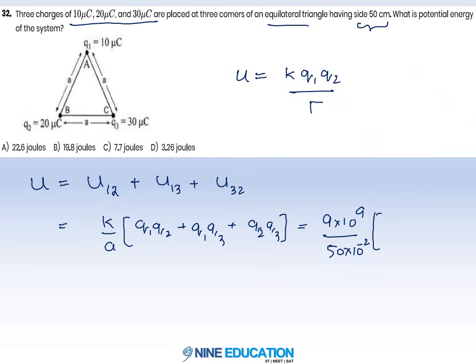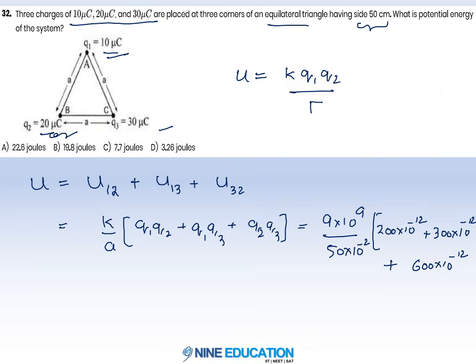Now q1 and q2 give 200 into 10 power minus 12, because the charge is given in microcoulomb. q1 and q3 give 300 into 10 power minus 12, plus q2 and q3 give 600 into 10 power minus 12.